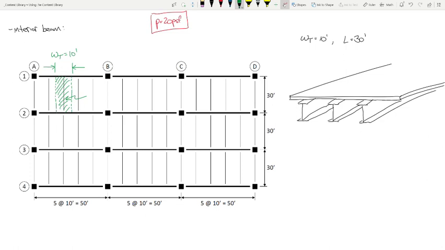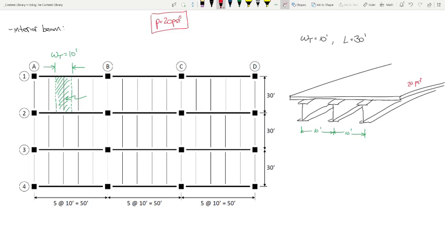Okay. Let's put some dimension on this to make sure that we're referencing this to the framing plan. So this is 10 feet, right? Now, the floor system is seeing a 20 PSF pressure load across the entire system of the floor, okay?